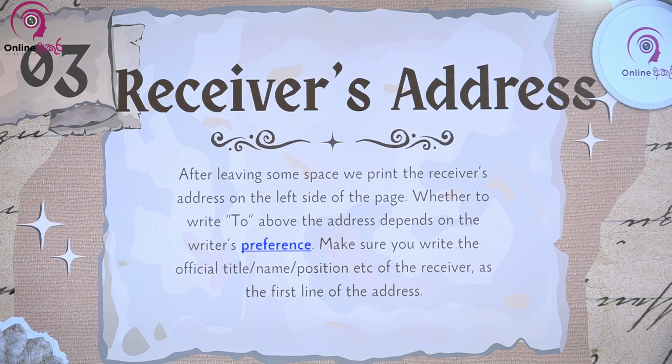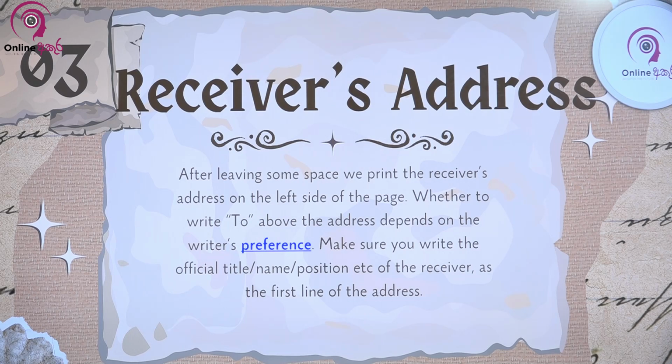So what you will be doing is addressing the letter to ABC University, Colombo 10. But inside, once you put to whom you are sending the letter, once the people in the university open the letter, they know to whom exactly that particular letter should be forwarded. Alright. So after leaving some space, we print the receiver's address on the left side of the page.